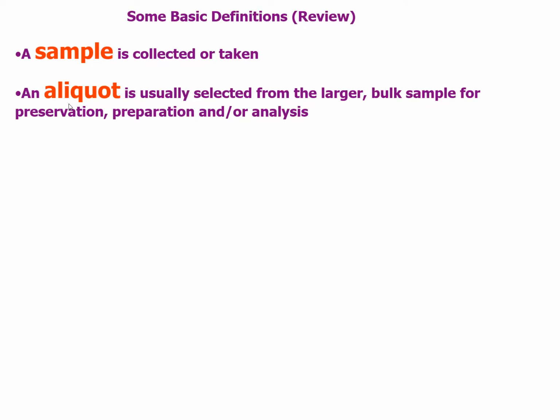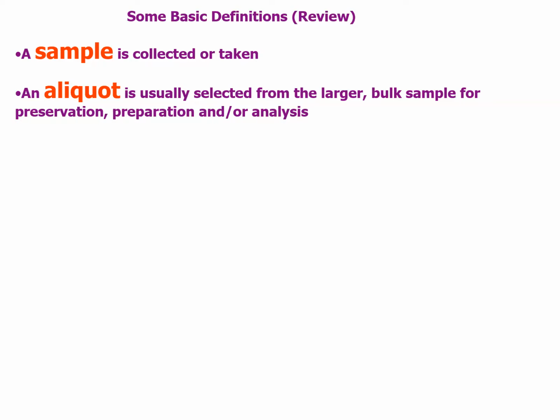An aliquot. An aliquot is usually selected from a larger bulk sample for preservation or for preparation and/or analysis. So you take a small portion from the bulk and then you can preserve it.